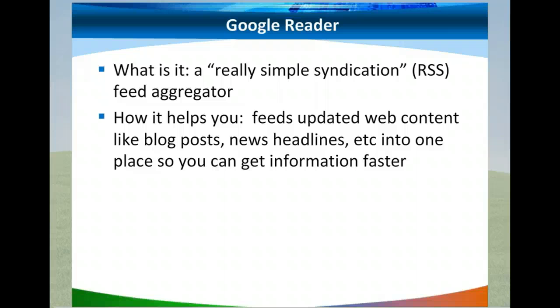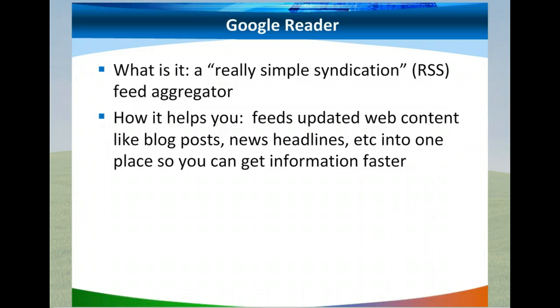And so what that means is when you see the symbol that I'll show you here shortly, it's usually like a little square orange box that stands for RSS feed. What you're able to do is to take that information and feed it through the Google Reader aggregator.